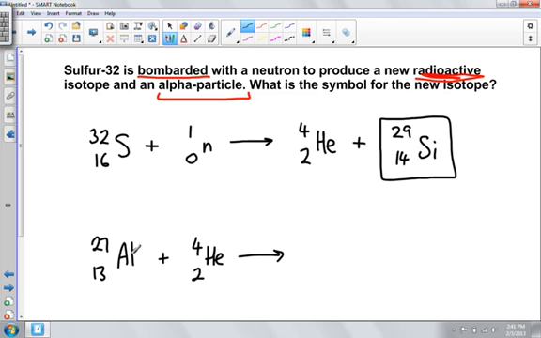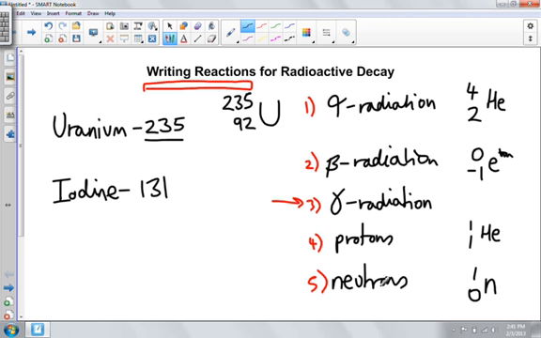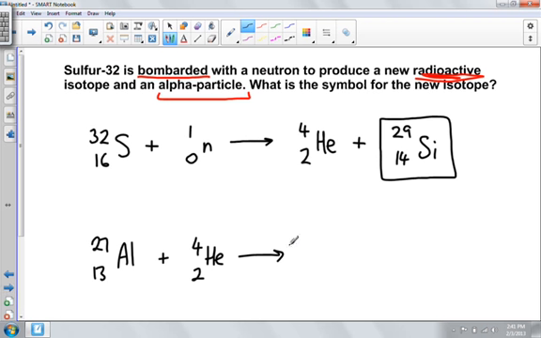Another example, if aluminum atoms, an isotope of aluminum, aluminum-27, get hit with alpha particles. It undergoes radioactive decay and produces a new isotope along with a neutron. Now we saw before a neutron looks like this. 1, 0 are the numbers in question here.